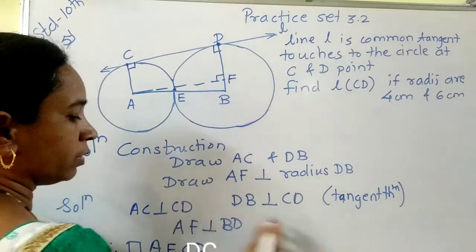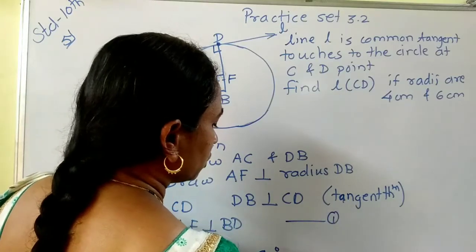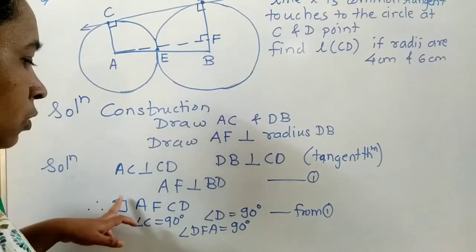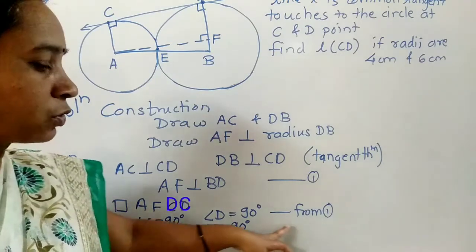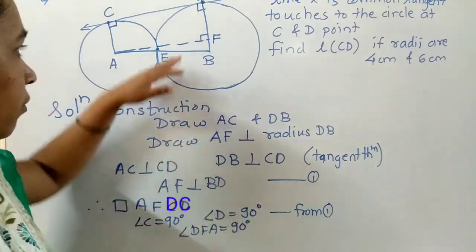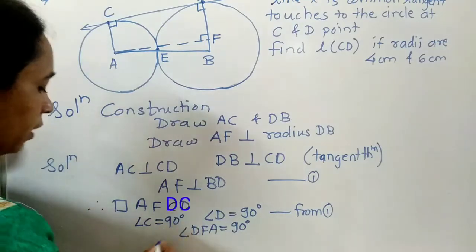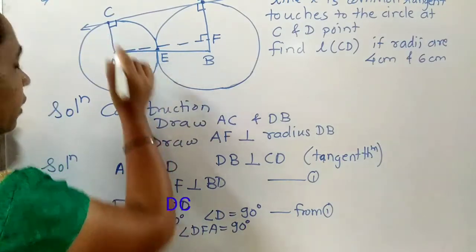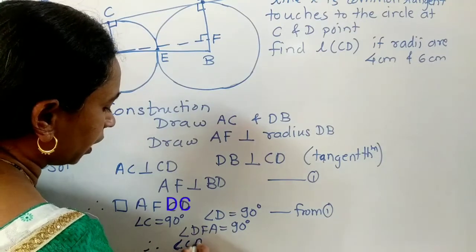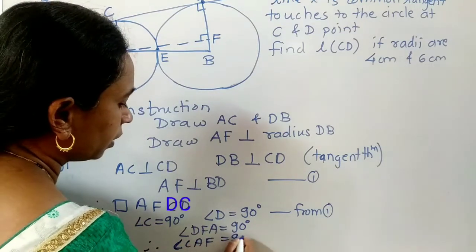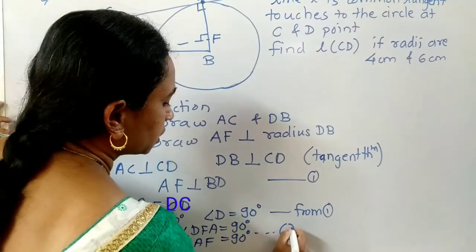For this, whatever I have written here, I'll give 1. So this is from 1. So in the quadrilateral, C is 90 degrees, D is 90 degrees, DFA also 90 degrees. From 1, I have written construction and 1. And therefore this angle CAF is also 90 degrees. Why? Because this is the remaining angle.